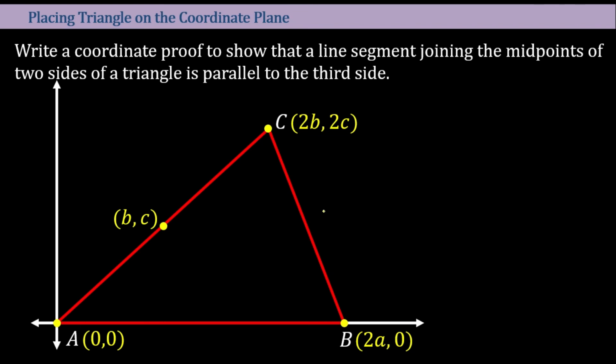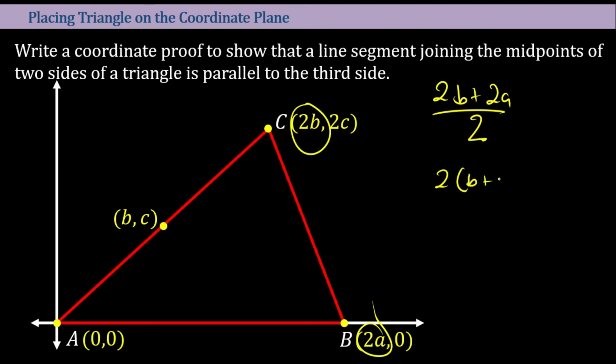Okay, now let's get the midpoint between this point and this point. Let's start first with the x coordinate. That is 2b plus 2a over 2. We can just divide it by 2. So this will become 2 multiplied by b plus a, over 2, then cancel 2.